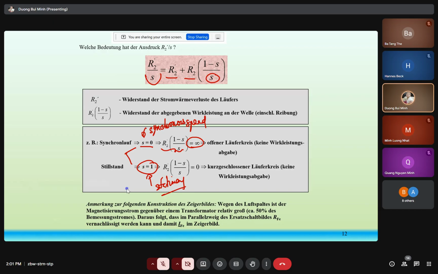The rotor is stationary when S is 1. So if S is 1, this ratio approaches 0, so we only have R2 prime.